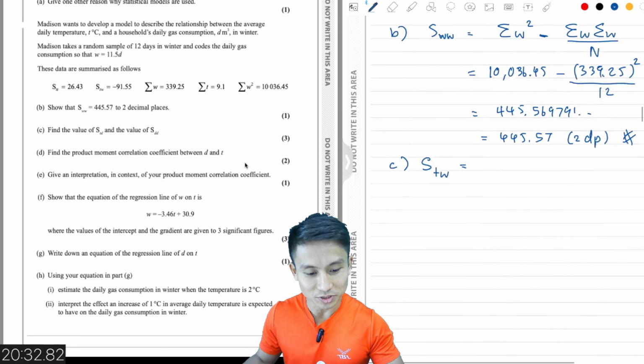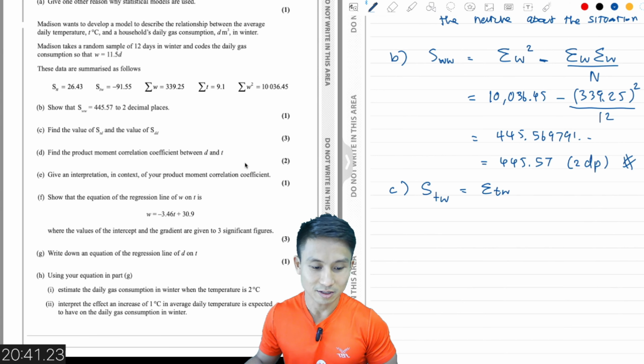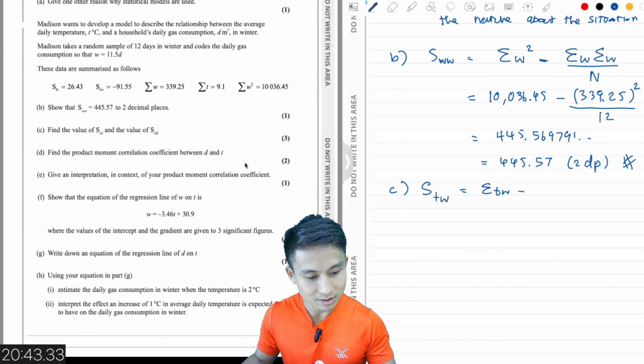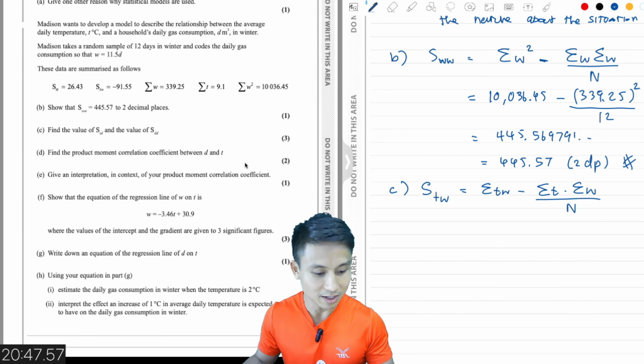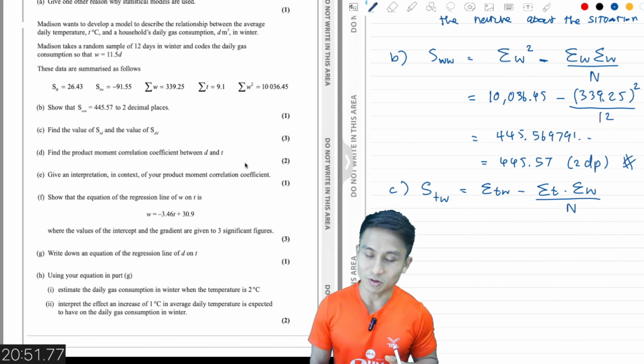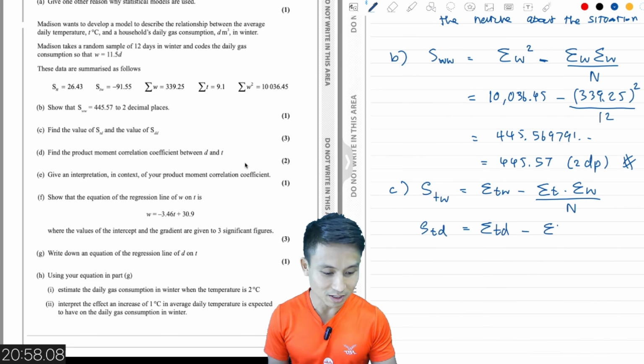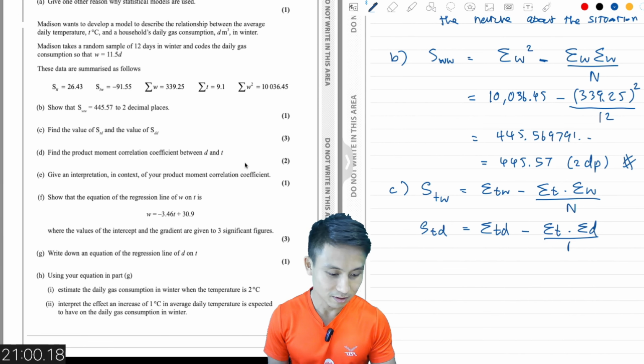Well, STW is just sum of T times W, minus sum of T times sum of W divided by N. That's what they are, right? But we want STD. It's going to be sum of TD and similarly that, right?